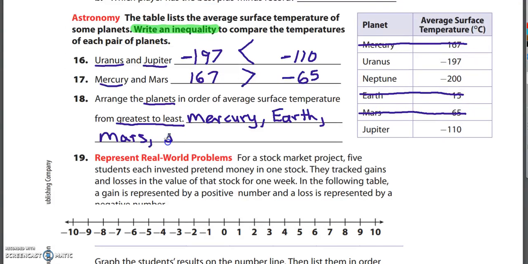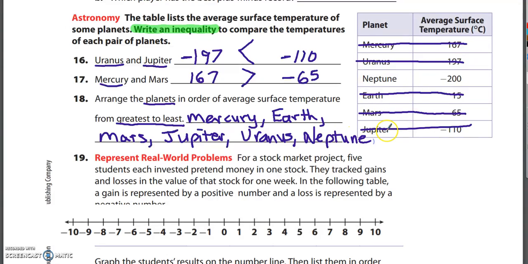The next one would be Jupiter. The next one would be Uranus. And the last one, the farthest one out to the left, would be Neptune. Now, like I said, if you wrote the numbers there, it's okay, but the reason why I chose to write the names is because it asked me to arrange the planets.